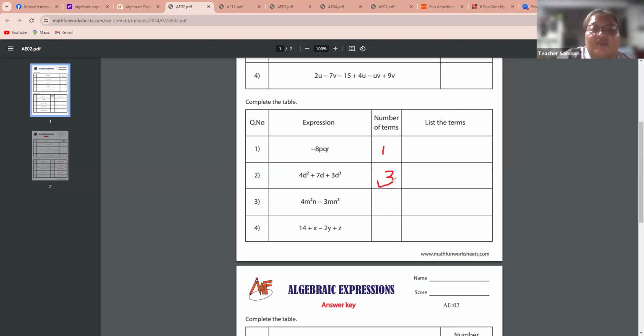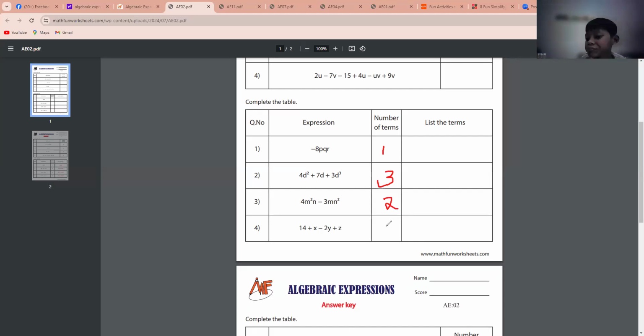How about for number 3? Two. And then for the last one, it would be three. Can you try to count it again? Three. So your answer is 3.